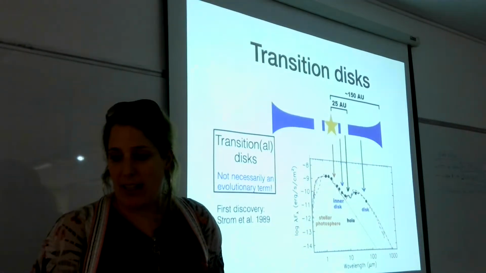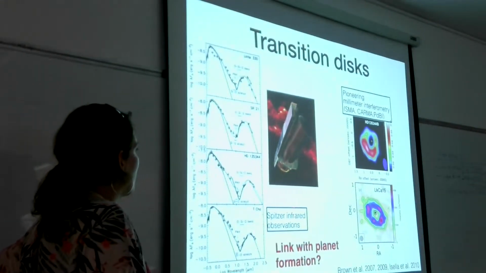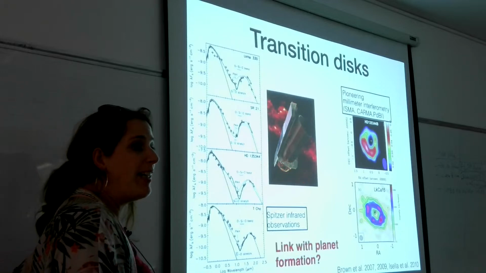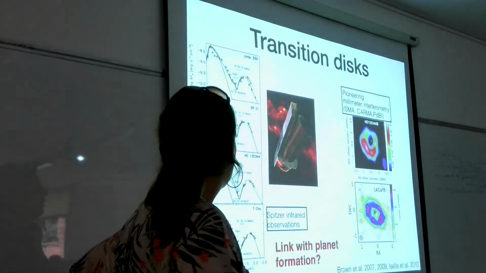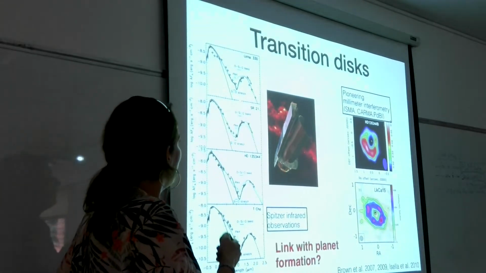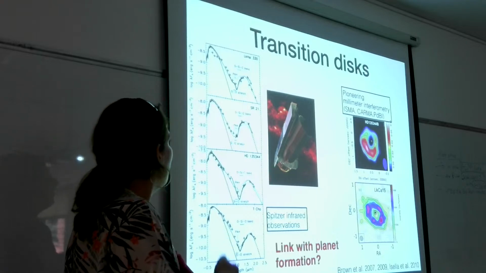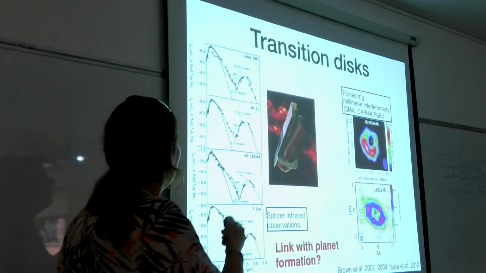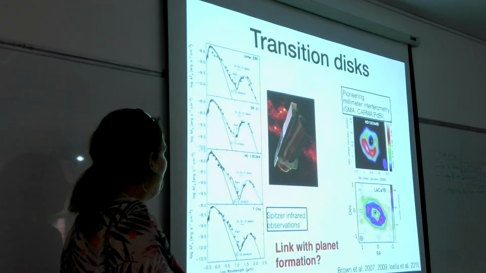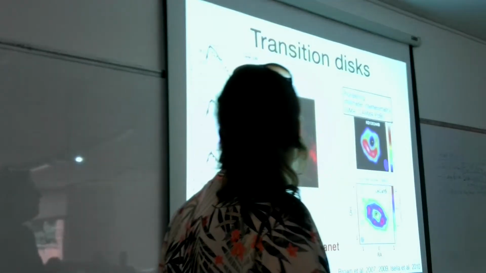And in particular, the Spitzer Space Telescope was able to observe many disks in the infrared, in particular between 5 and 35 micron, which is where we usually find this dip if it's present. Spitzer found several dozens of these SEDs that had that signature, and many of the transition disk candidates were essentially selected in that way.